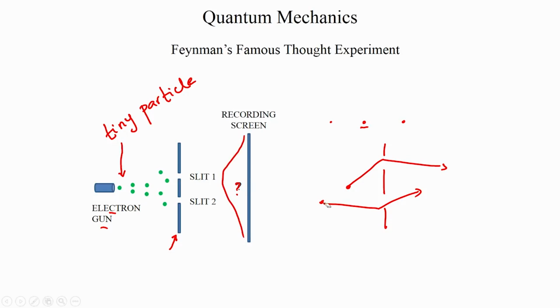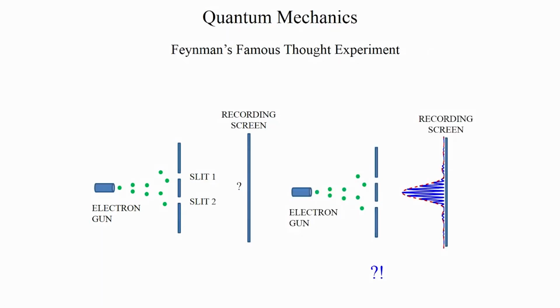But the reality is quite surprising. If you were to do this experiment, you would see a distribution that looks more like the manner in which the waves behaved as compared to the bullets. And that is not intuitive.